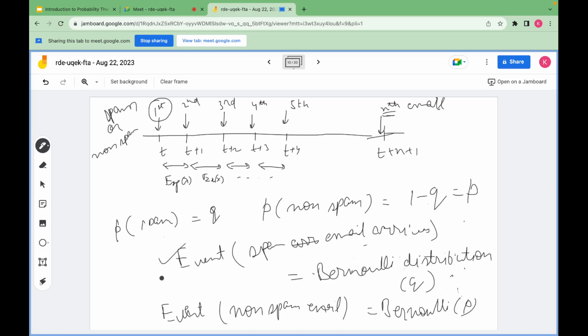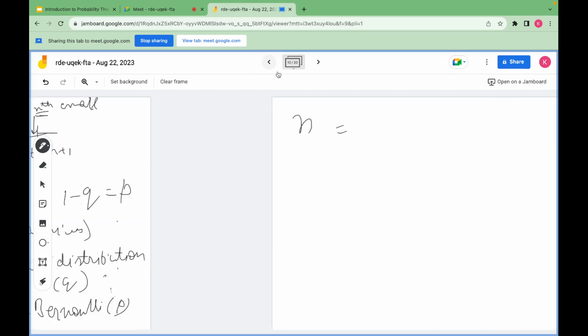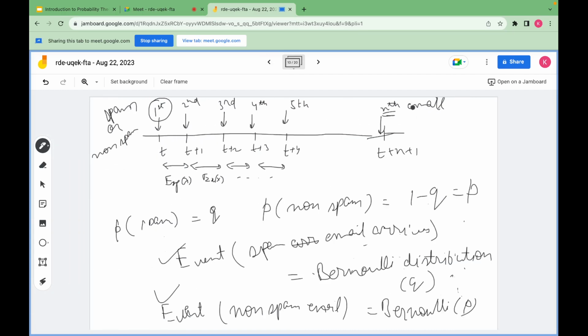Now given that these events are Bernoulli with parameters q and p, we can fix a value n, which is the nth email.